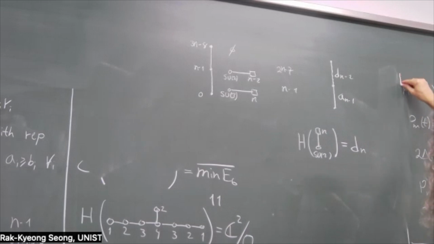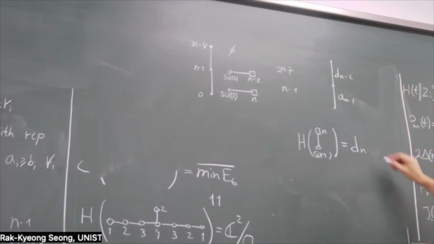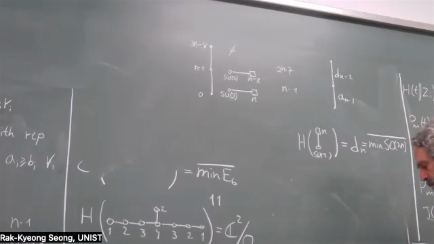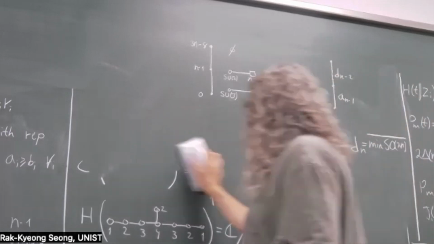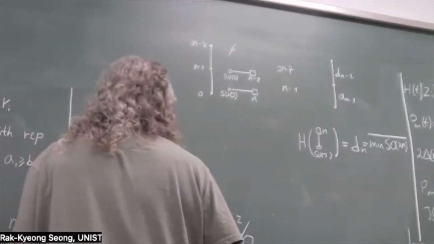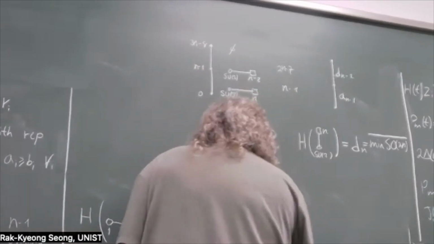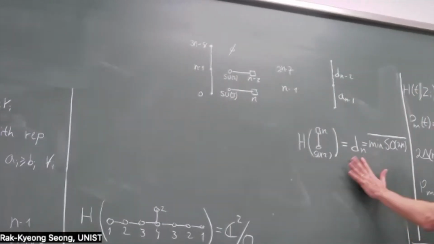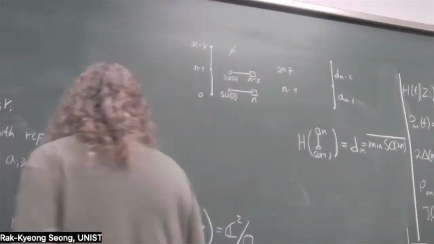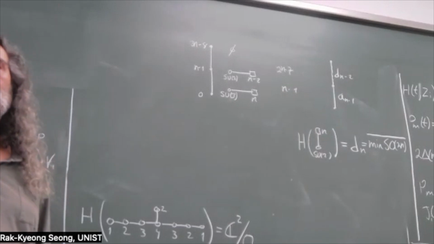Let's leave this line. And I could write SU2. Let's compute this moduli space. So what I need to do is to evaluate the Higgs branch. How do I evaluate the Higgs branch?